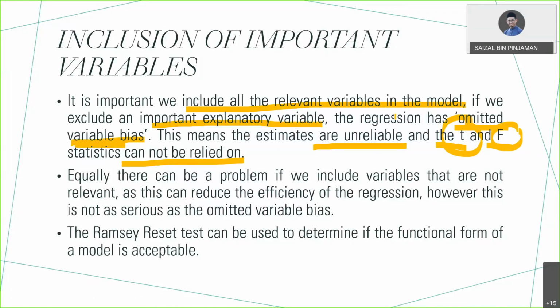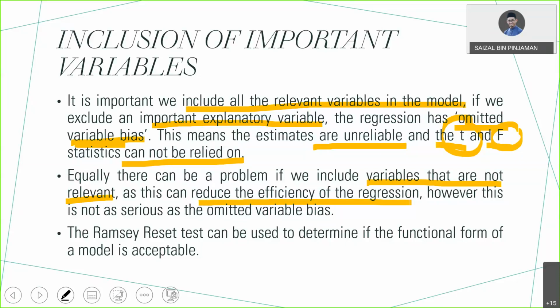So equally, there can be a problem if we include variables that are not relevant as well. Because if we include variables that are not relevant, it may reduce the efficiency of the regression. Keep in mind that when we run the regression, we include all variables in the model.